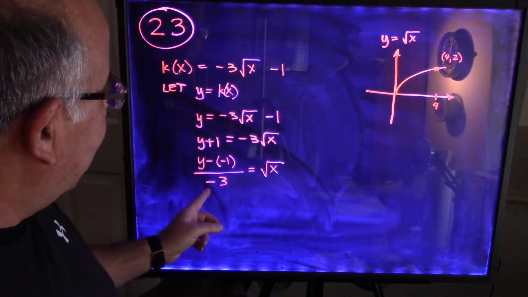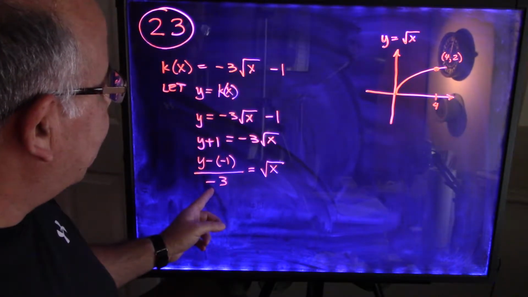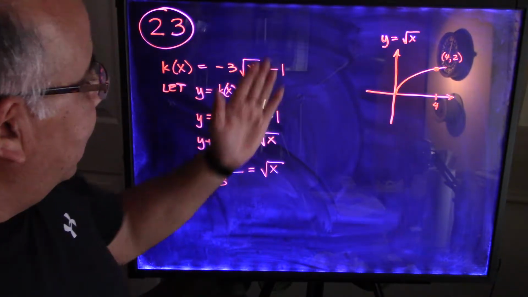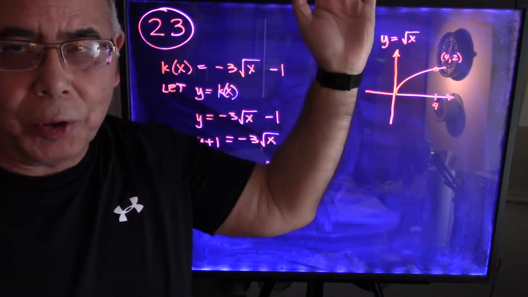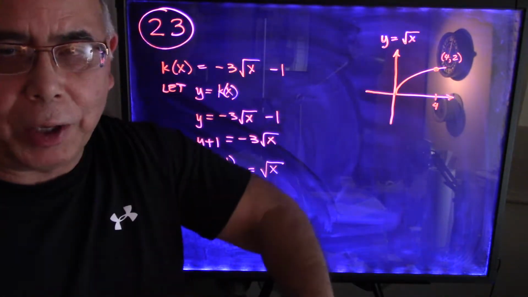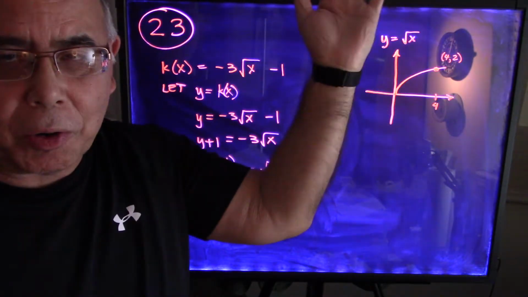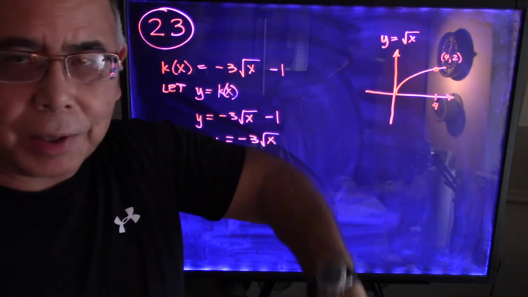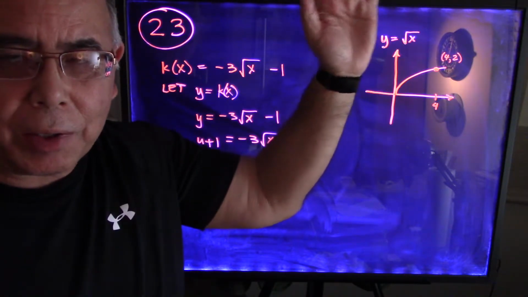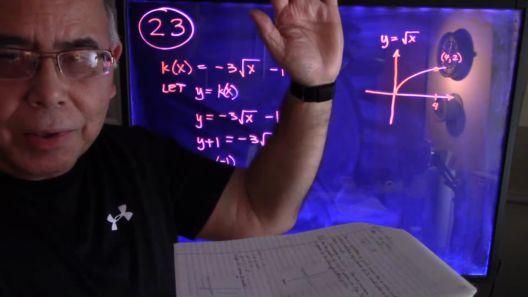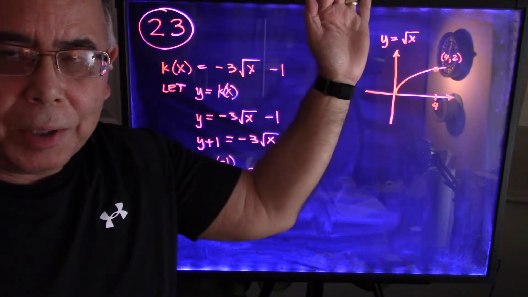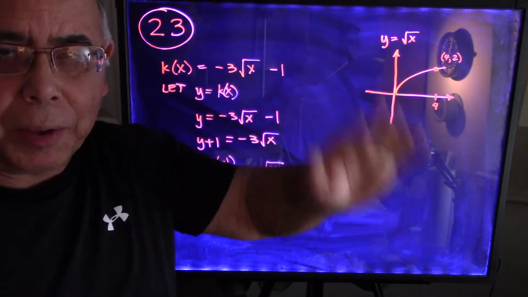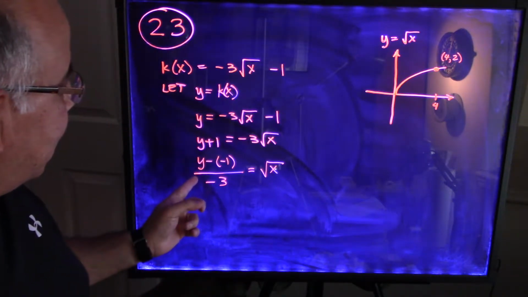However, the negative will cause a reflection. Think of reflection flipping across like this, vertically. The reflection is across the x-axis, which is horizontal, and it's a vertical flip since it's under the y.